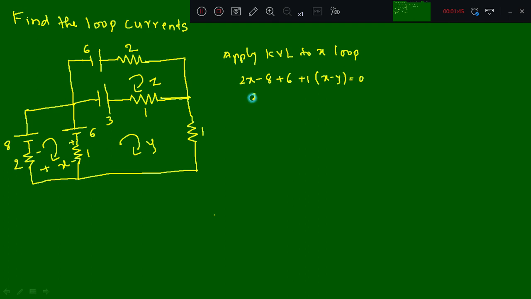When you reduce this, it is 2x plus x minus y is equal to 8 minus 6, which is equal to 2. So the equation becomes 3x minus y is equal to 2. Call this equation number 1.